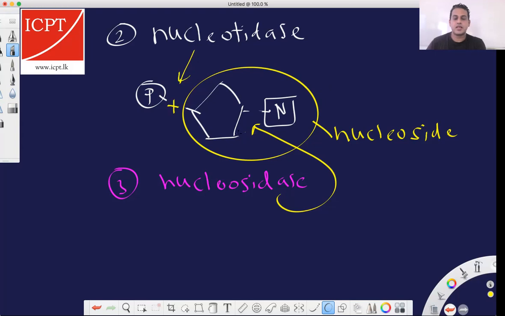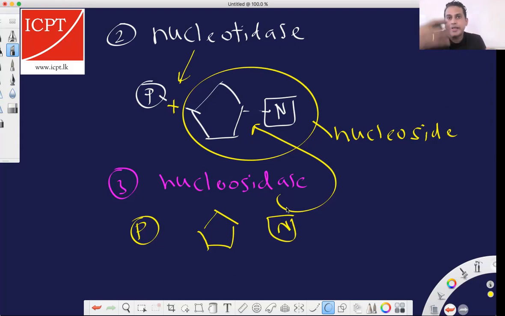This results in pentose sugar and the nitrogenous base. Finally, phosphate, pentose sugar, nitrogenous base. So these are small molecules, soluble small molecules, intestinal cells can absorb these molecules.